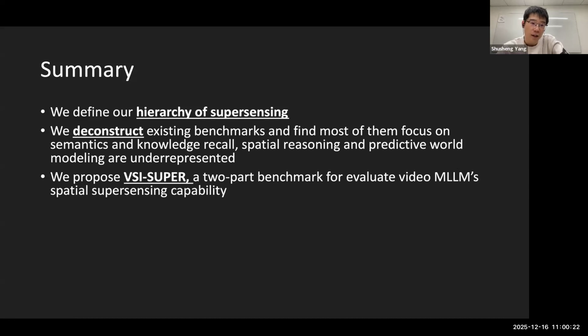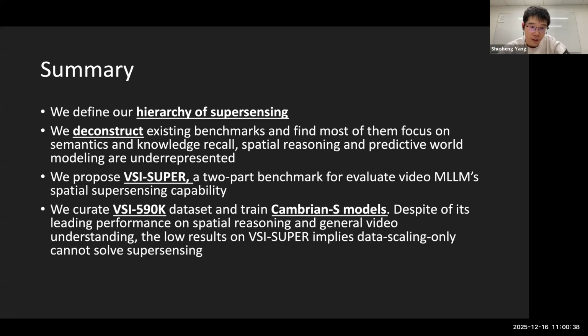So to bridge the evaluation gap, we propose VSI-SUPER, a 2-part benchmark for supersensing evaluation. And next, to bridge the data gap, we create the VSI-590K dataset and train our Cambrian-S models on top of it.